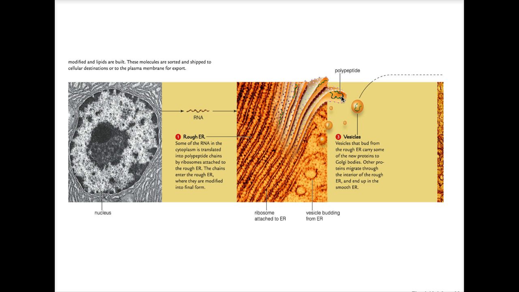They will then be contained within these phospholipid bilayer bubbles called vesicles. And the vesicles bud from the ER, and as they bud from the ER, they move through the cytoplasm, and some of them move directly out of the cell. Others can move and join the smooth ER, and still others can move to the Golgi apparatus.